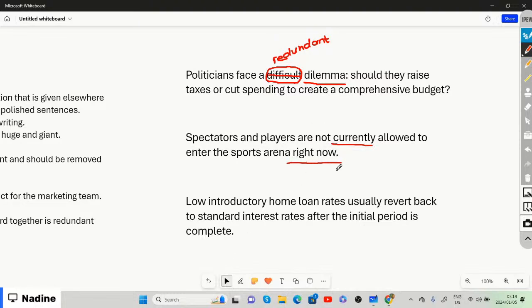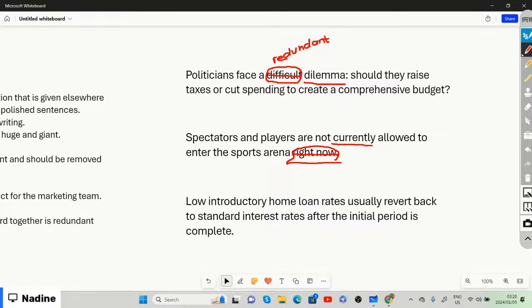And the phrase right now is a repetition of the word currently, because currently means now. So us just saying right now also means currently.